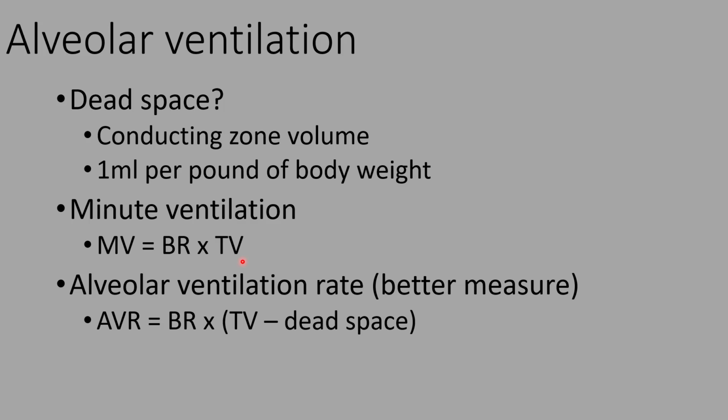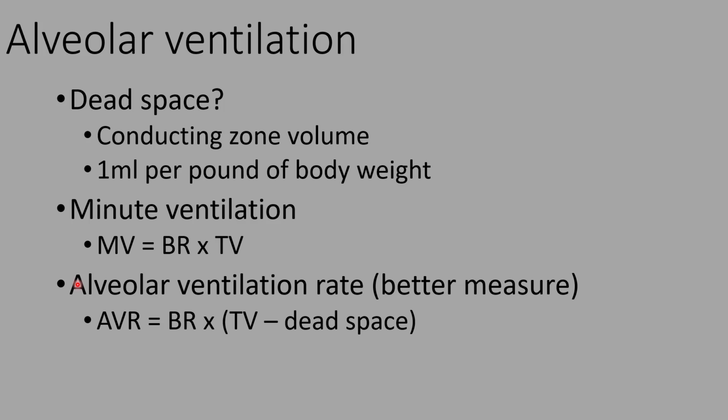This is the same kind of thing as cardiac output that we just talked about. Cardiac output is equal to heart rate times stroke volume. Well, now we're moving away from the heart, but we're looking at the lungs. Minute ventilation, how much air is moved per minute? It's found by how many breaths per minute times how much air is moved per breath.